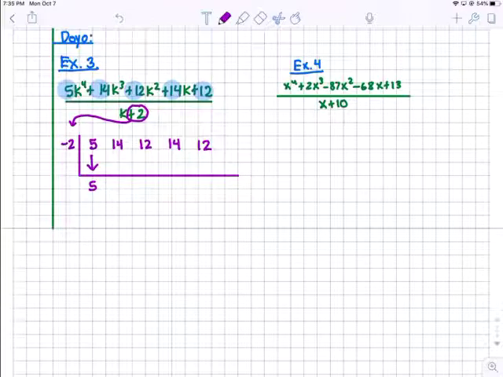Now let's incorporate mama. -2 times 5 will give us -10. That's the multiply part. Now we're going to add. Now incorporating mama again. Multiply, and then we add.